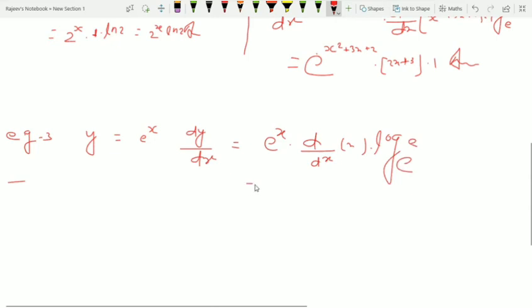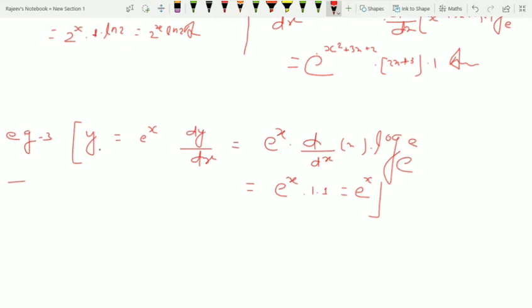So this becomes, my dear student, e raised to power x into 1 into 1. So the result is e raised to power x. You can remember this result like a standard formula, because many times we will use this directly. So you have to remember the differentiation of e raised to power x is the same as e raised to power x. Getting my points? So this is the method to differentiate exponential and logarithmic functions, right?